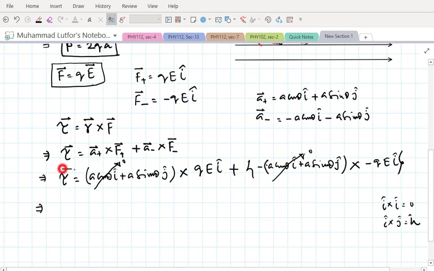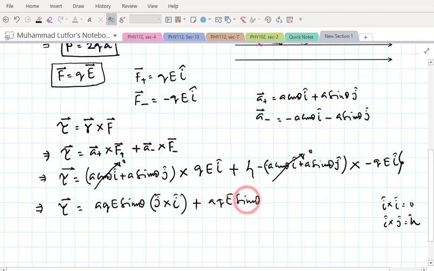In that case, I'll find that this torque would be A Q E sin theta j cross i plus, this minus minus is going to be plus, this is also A Q E sin theta j cross i.